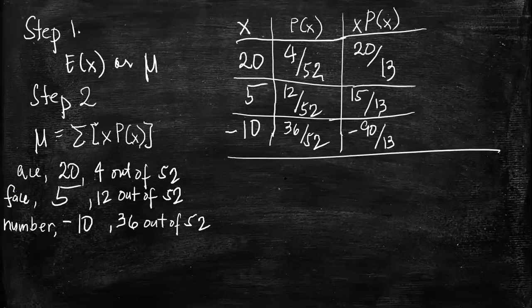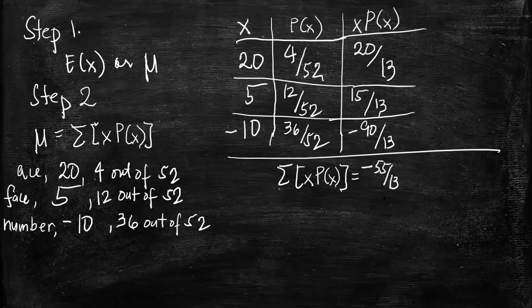Pag-add po yan lahat, itong nasa x times p of x. So that would be negative 90 plus 15 over 13, plus 20. Negative 55 over 13, sir. Okay, negative 55 over 13.